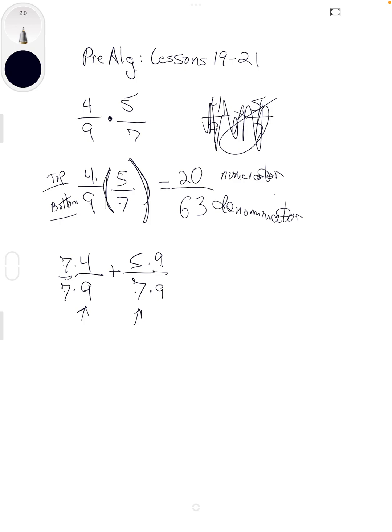So 7 times 4 is 28, and 5 times 9 is 45. And 7 times 9 is 63. So 28 plus 45 is going to be 73. 73/63. Notice there's a totally different answer.